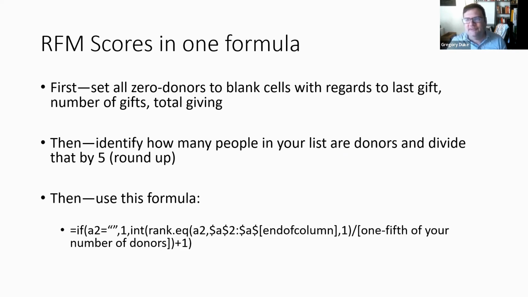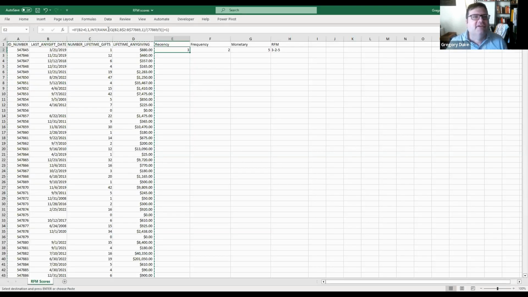So we need to add 1 to make it 1 to 5. And when we do that, the record looks like this. Just to make sure, I'm going to put this here. So this is what the record looks like in place.